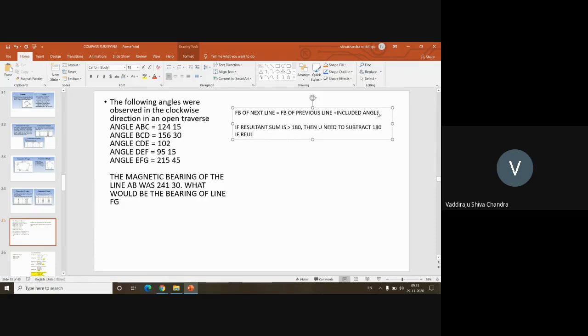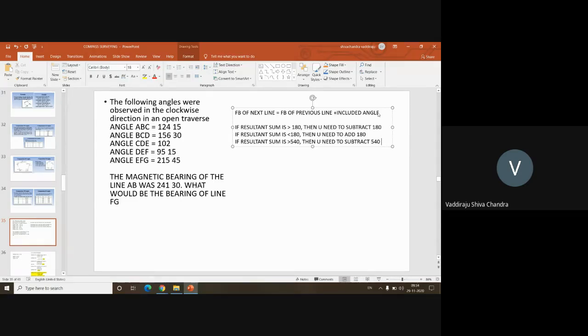If the resultant sum is less than 180, then you need to add 180. If the resultant sum is greater than 540, then you need to subtract 540 in order to get the correct forebearing of the next line. Okay, this is a thumb rule which you need to remember.